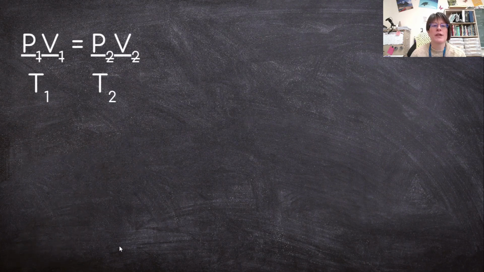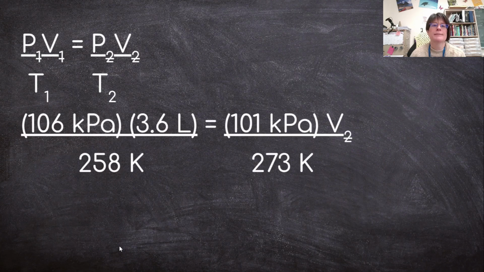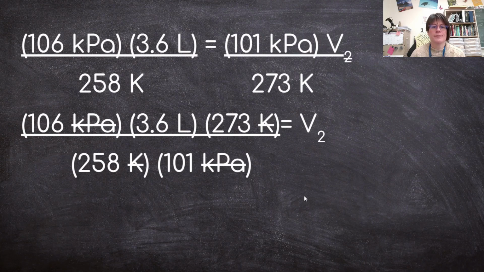So I write down my equation. P1 V1 over T1 equals P2 V2 over T2. I substitute in my values that I wrote down before. 106 kilopascals times 3.6 liters divided by 258 Kelvin equals 101 kilopascals times V2 over 273 K. When I rearrange, it becomes this.